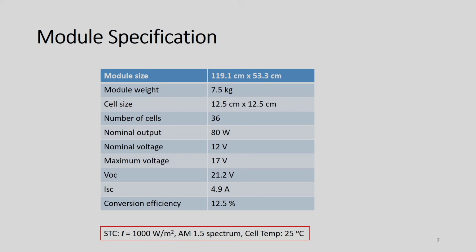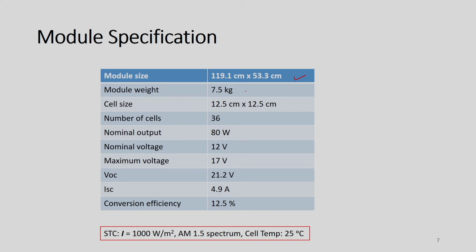Here the module size is about 119.1 centimeter by 53.3 centimeter, and of course, there are multiple options of fabrication of modules, and these are internationally accepted, but normally these modules are widely available and practically used.